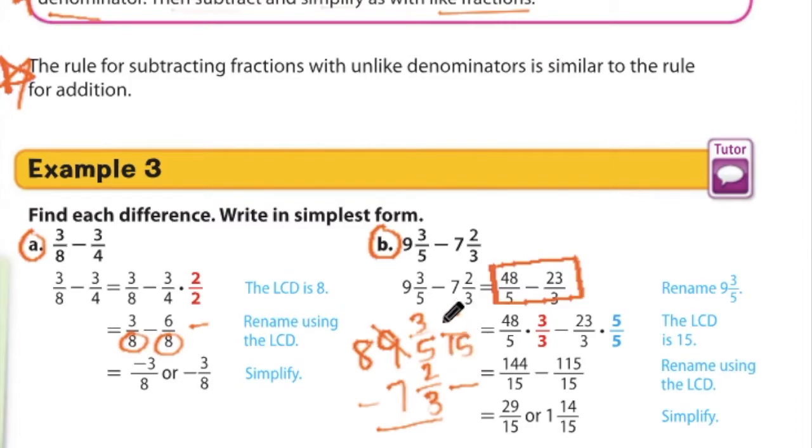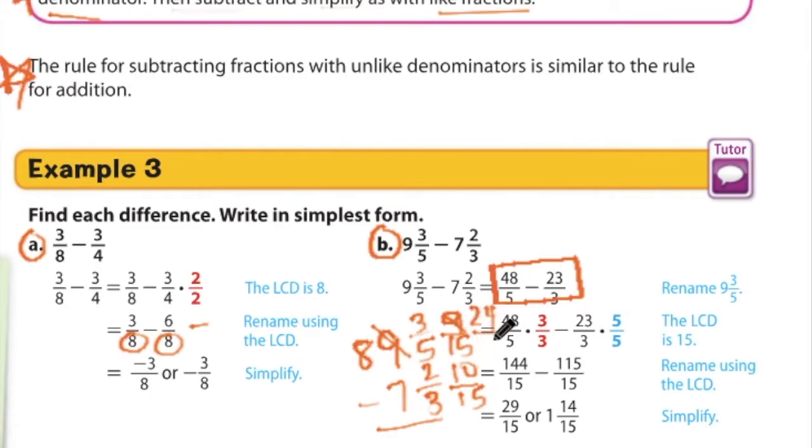So we have 9/15 and we have 10/15. And because we can't take 9/15 take away 10/15, we have to borrow from the 9 and make it an 8. This 9 becomes a 24 because when we borrowed 1 right here, we borrowed 15/15, and we added to the 9/15 that were already there.